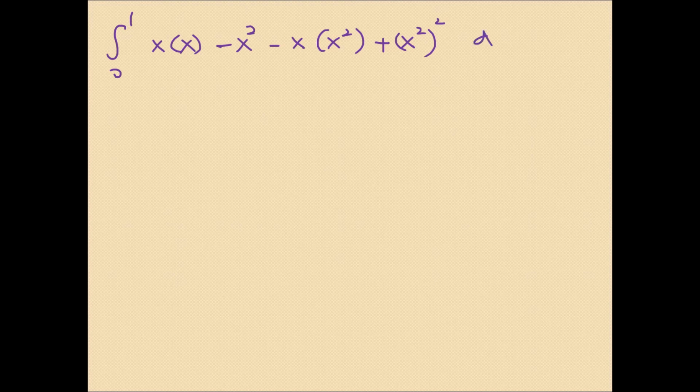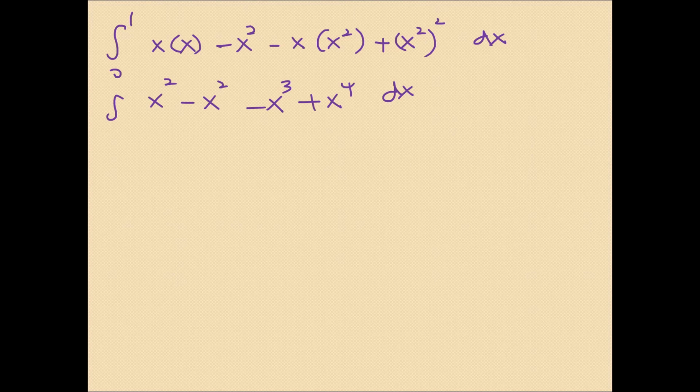So now we get the integral from 0 to 1 of x times x minus x squared, minus x squared, and minus times minus is plus x squared to the power of 2, dx. Simplify it and you get x squared minus x cubed plus x to the power of 4, dx.